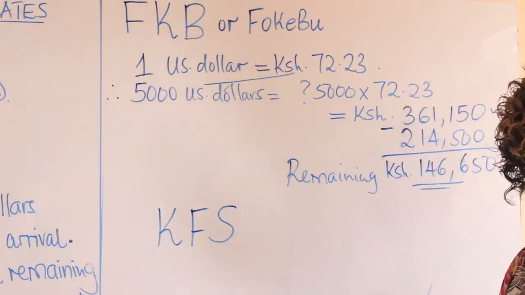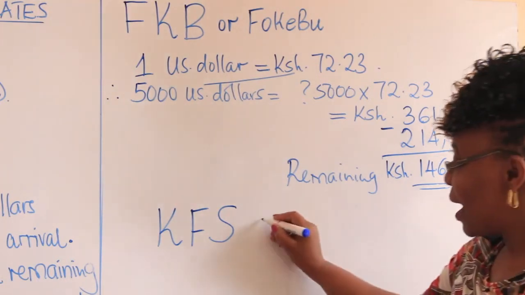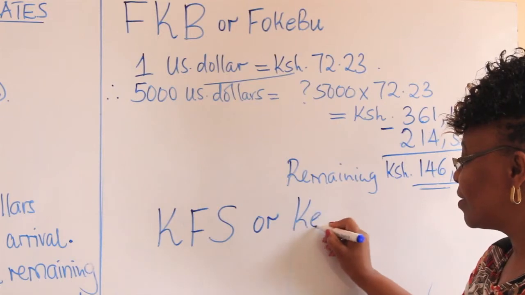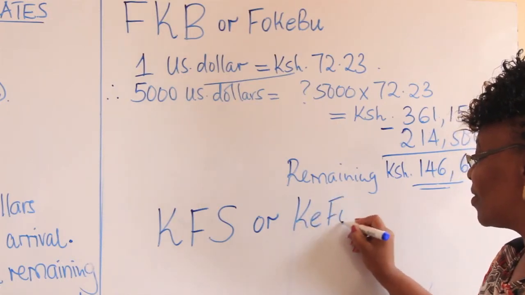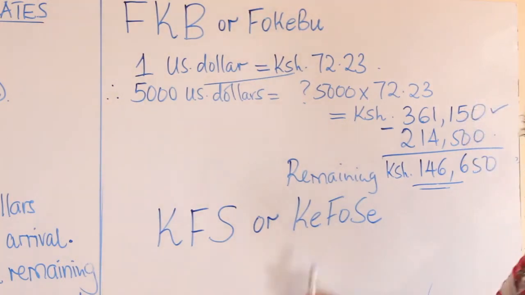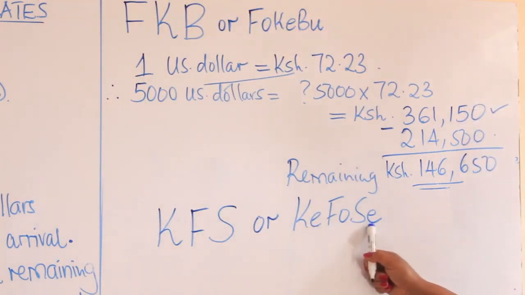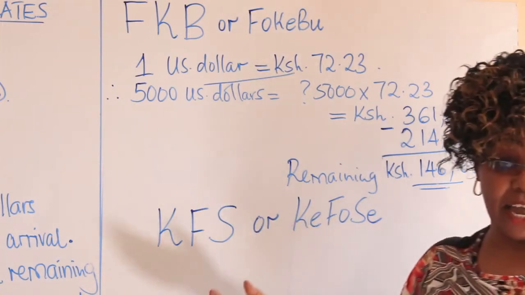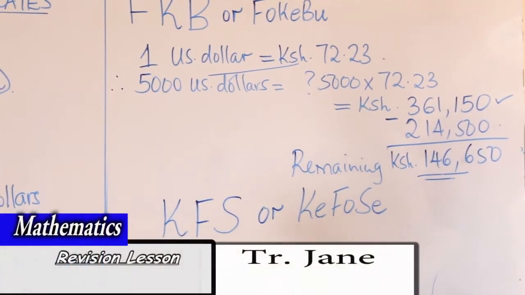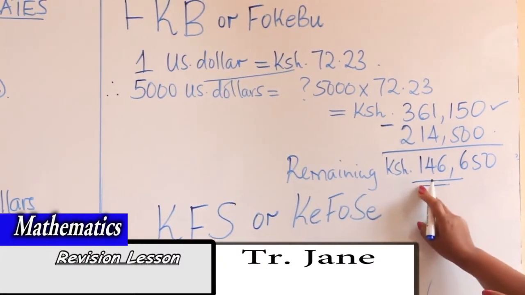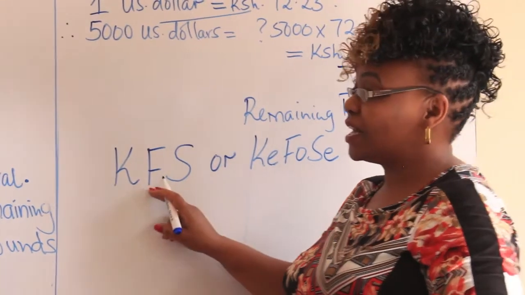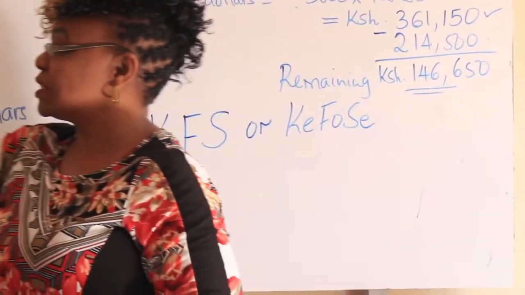Other people call it KFOSE, an acronym. Kenya, foreign, the bank sells, or KFS. Again, whichever you find easier, you can use it. And therefore, let us convert Kenya shillings into sterling pounds.